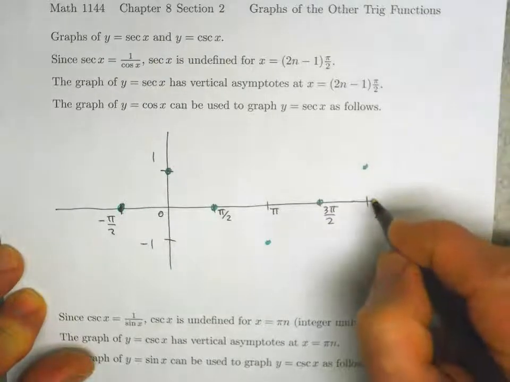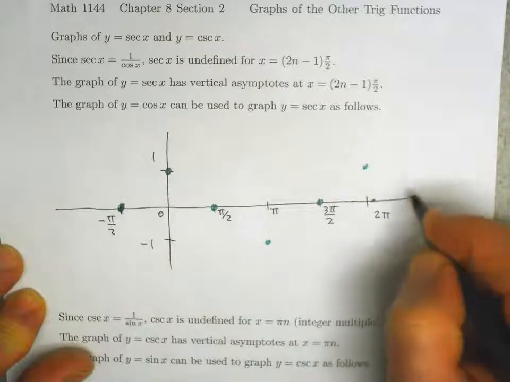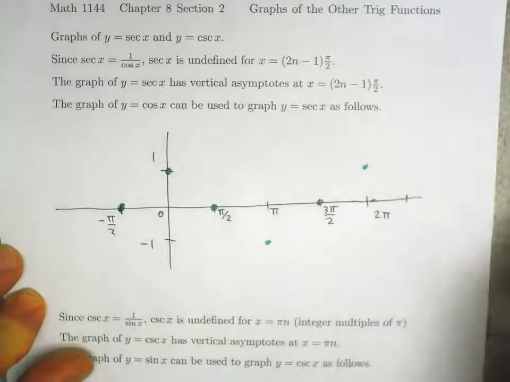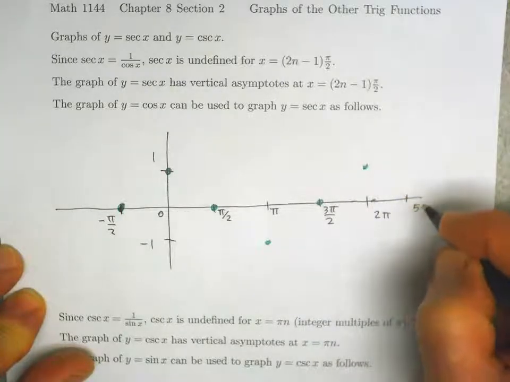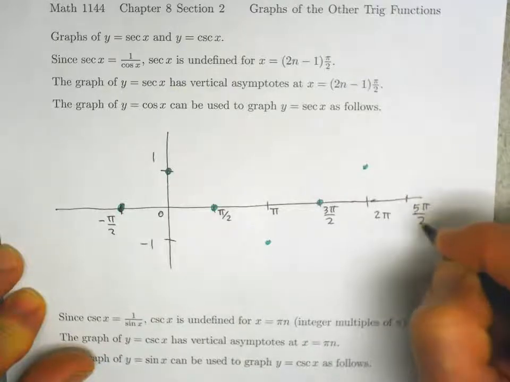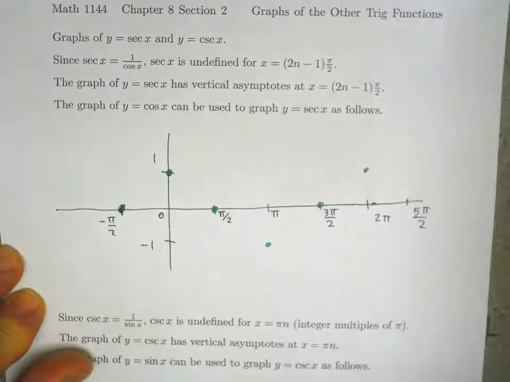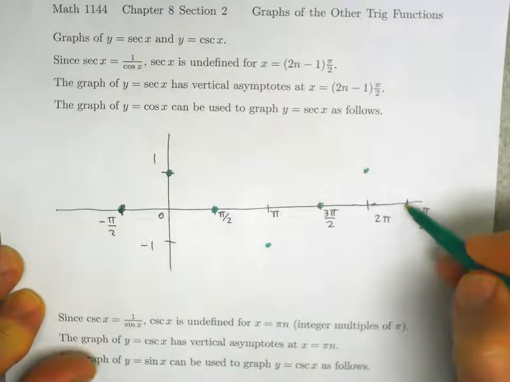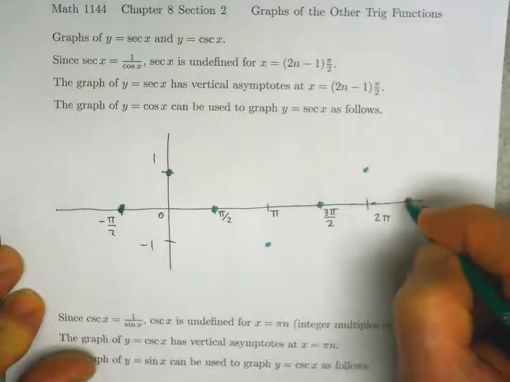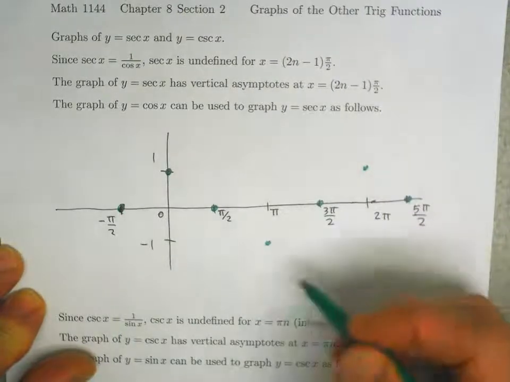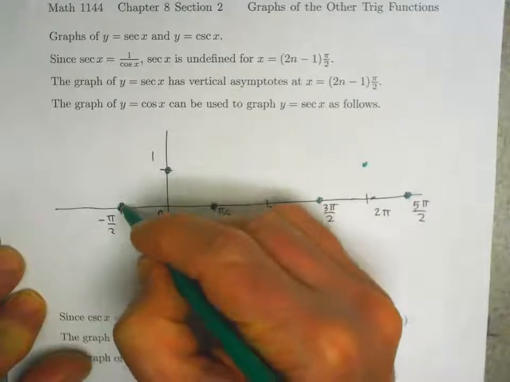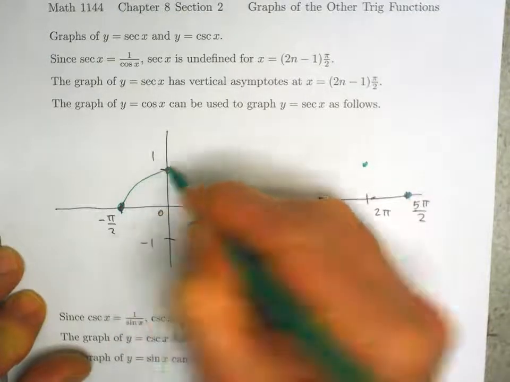Let's extend the graph a little further. So we also include 5 pi over 2. Cosine of 5 pi over 2 is 0. Okay, so we'll sketch in the cosine function.